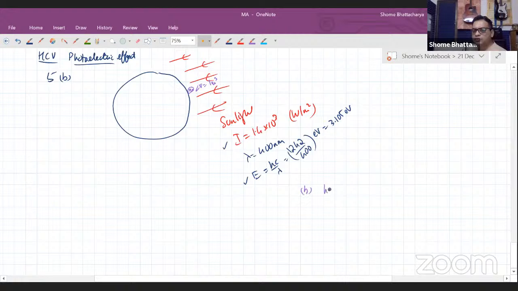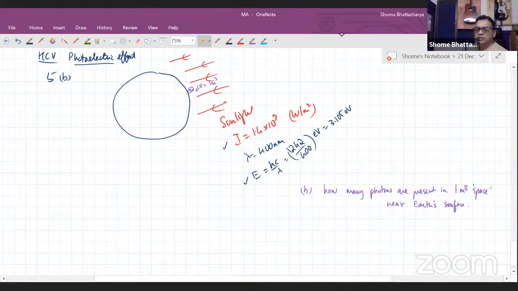It's saying how many photons are present in 1 meter cube space or volume near the Earth's surface at any instant. Okay, so have you understood the meaning of the question, Aditya?